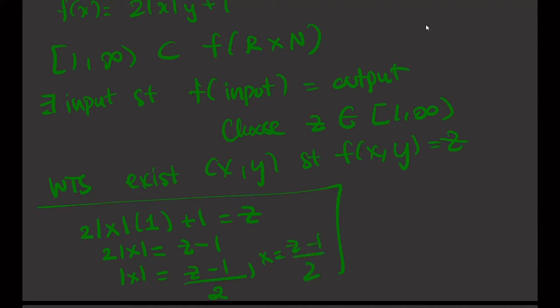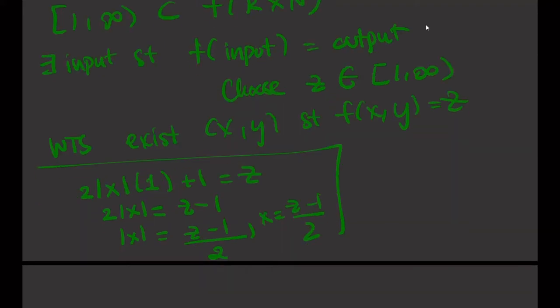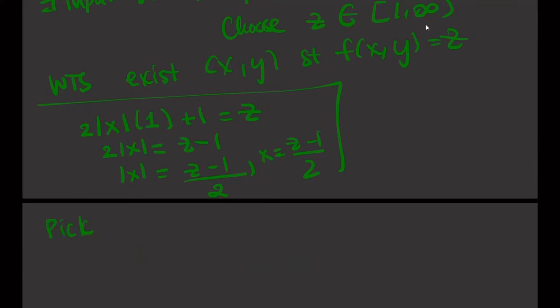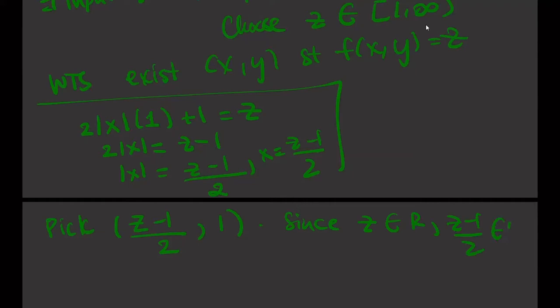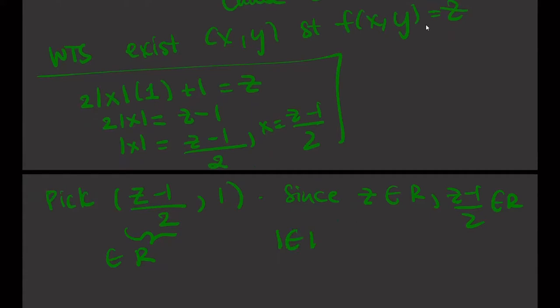Like there's another solution to this, which is minus of this whole thing, but I just need one solution to talk about in my proof. So in my proof, I would say pick (z minus 1)/2 and 1, since z belongs to R. So z is a real number, so (z minus 1)/2 is a real number. So this satisfies it is in R, and 1 is a natural number.